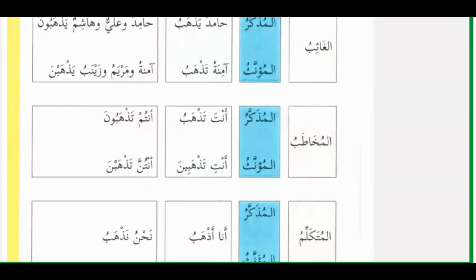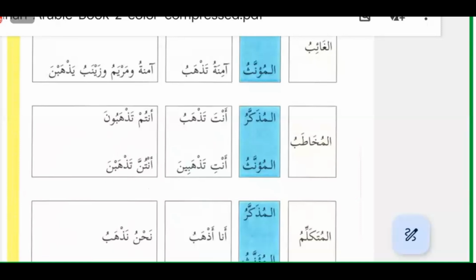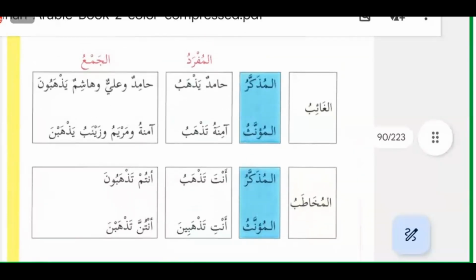We say third person, second person, and first person. Then besides that, as I told you, we have al-mufrad and al-jam'. Whether we are talking to a single person or to a group makes a difference, because al-mufrad is for one and al-jam' is for a group.